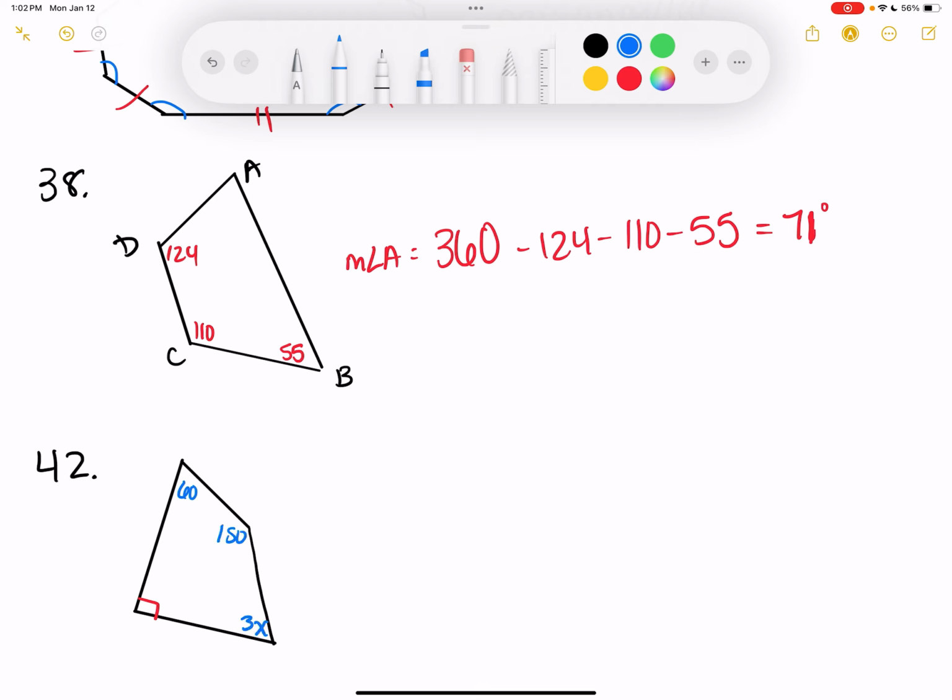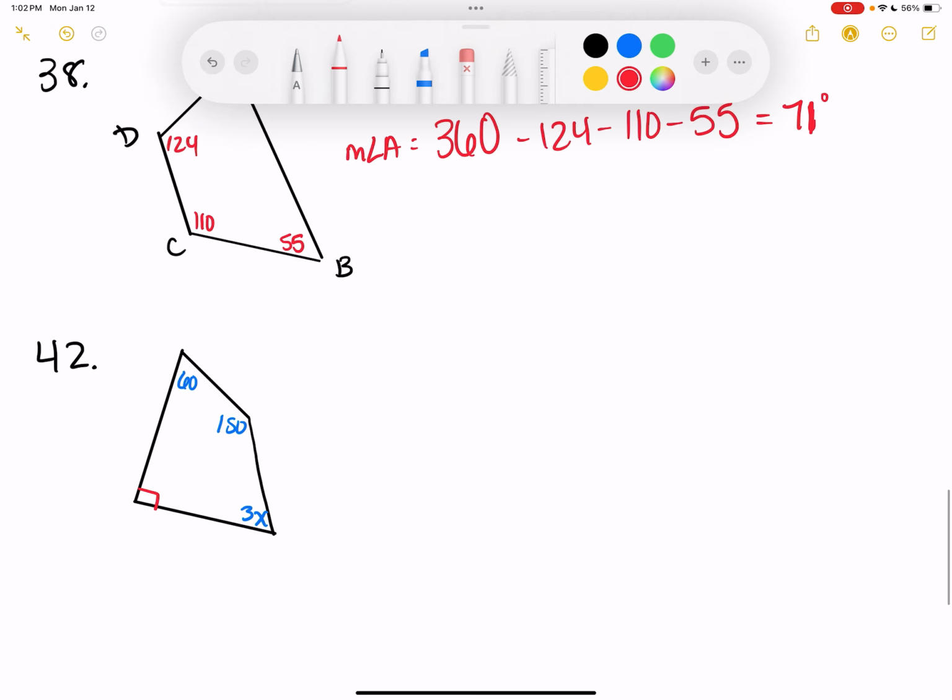All right, so I've got 60 degrees, 150 degrees, 3x, and then over here, they just put the right angle symbol, so I know that that's 90 degrees.